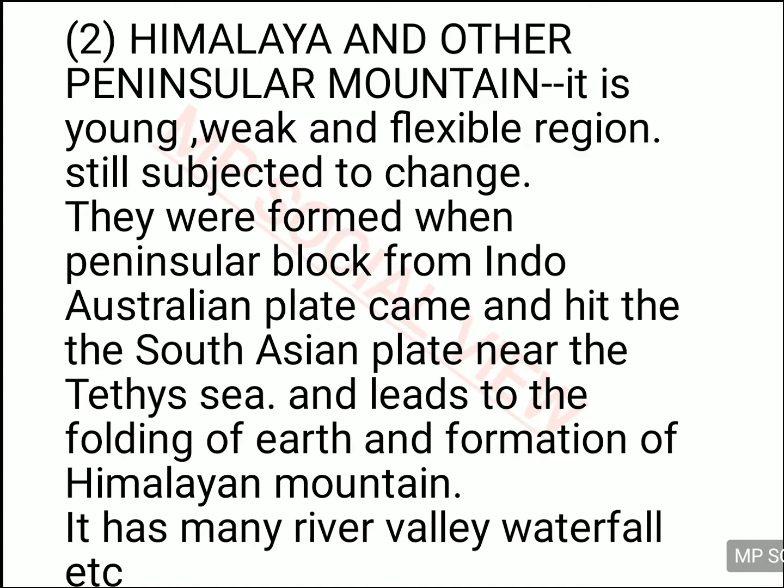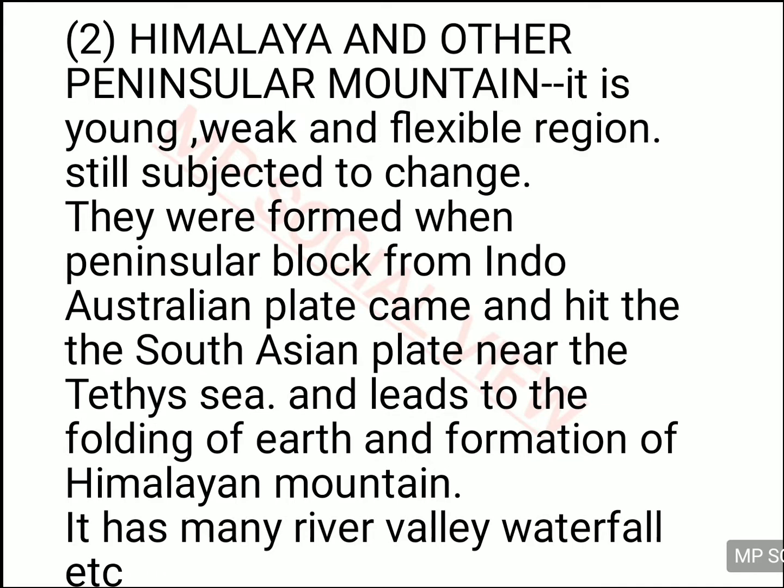Because of this weakness, many areas near the Himalaya receive earthquakes, because it is a weak part of the earth's surface of India, still in the stage of formation. So this is how it was formed, when the peninsular block of the south collided with the Tibetan block.